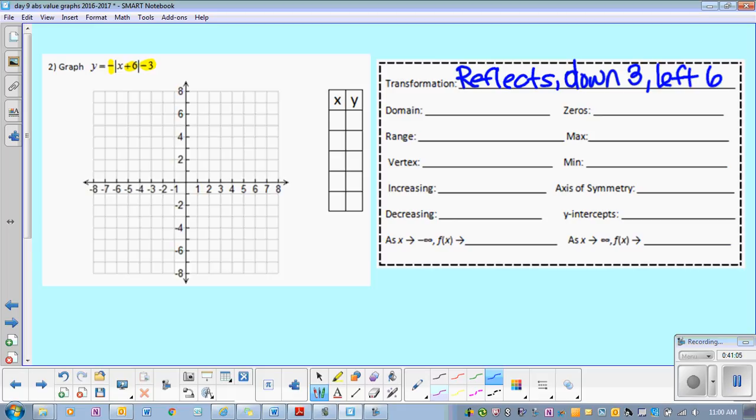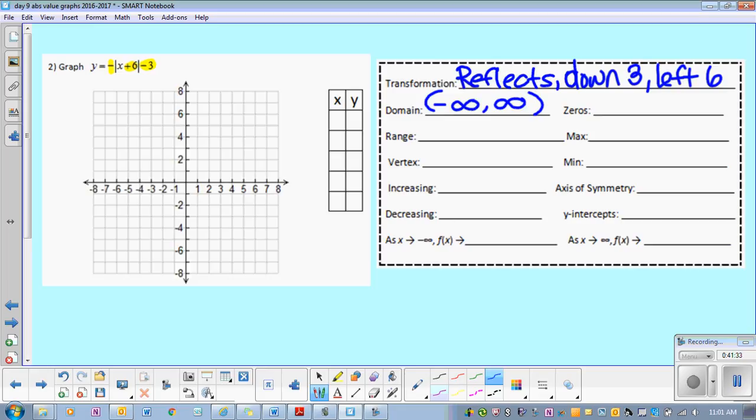What else do I know? Right away. What can we fill in? Oh, okay. I'm not even there yet. Oh my goodness. Hold on. I meant domain. What's the domain? Negative infinity to? Good. And Ethan, you're right. That is the axis of symmetry.